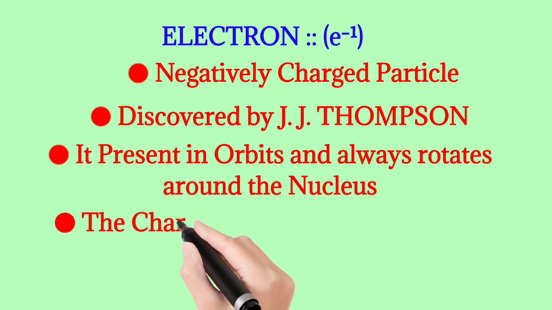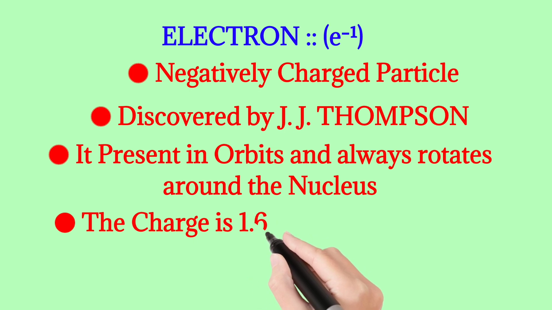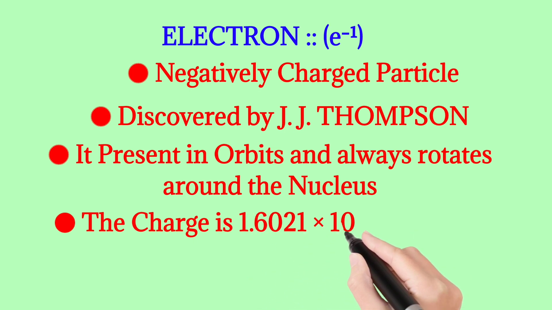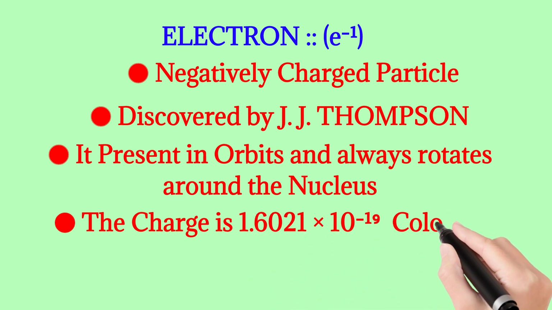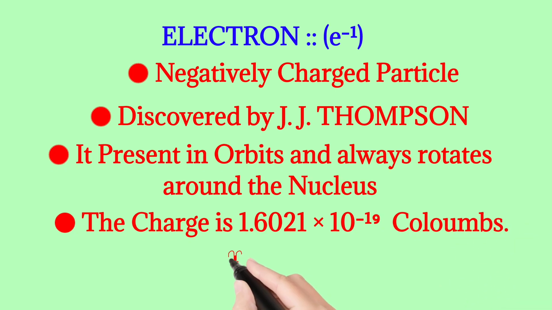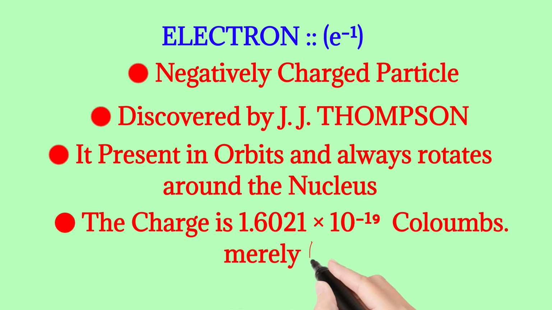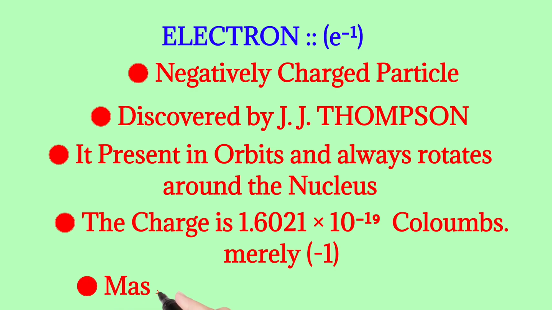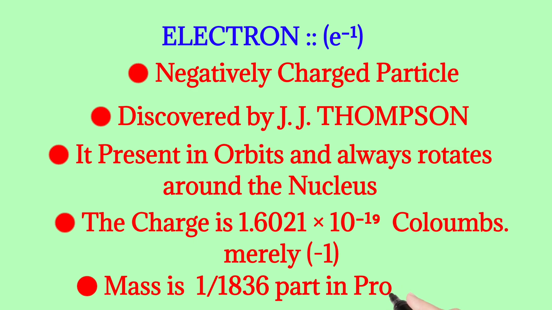The charge of the electron is 1.6021 x 10^-19 coulombs. Generally, we know it as minus 1. Its mass is 1/1836 part of the proton's mass.